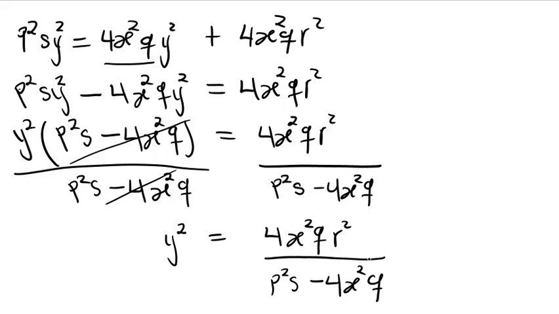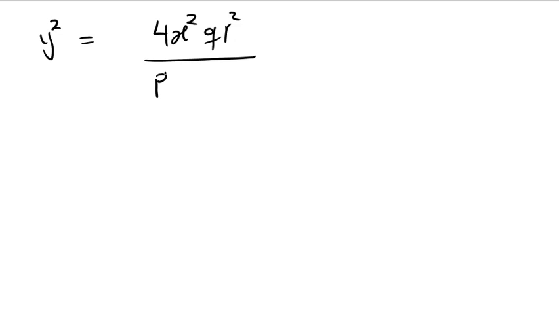We have y squared being equal to this, but the question wants us to make y the subject. So we have to get rid of this 2 here. In that case, if you want to get rid of that 2, let's take the square root of both sides. The expression y squared being equal to 4x squared q r squared all over p squared s minus 4x squared q, we take the square root of both sides.